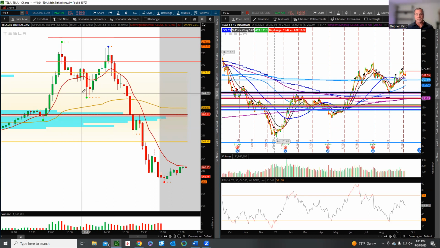Does it happen? Of course it happens. We just saw the example of it. But my thought process is, let it double top. Don't take the initial breakdown. Let it come down, let it come back up. Sometimes I miss trades because of that, but I'm all right with that.